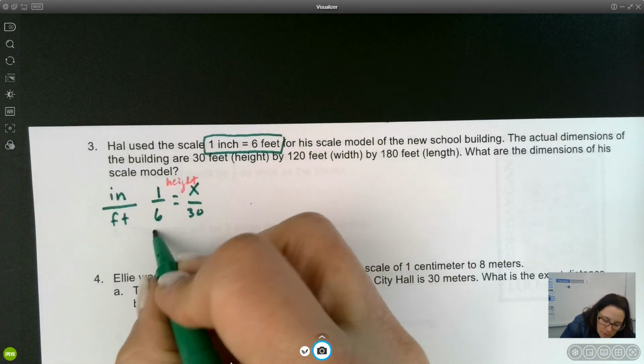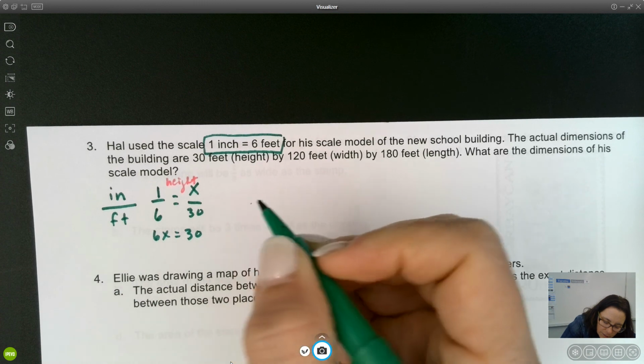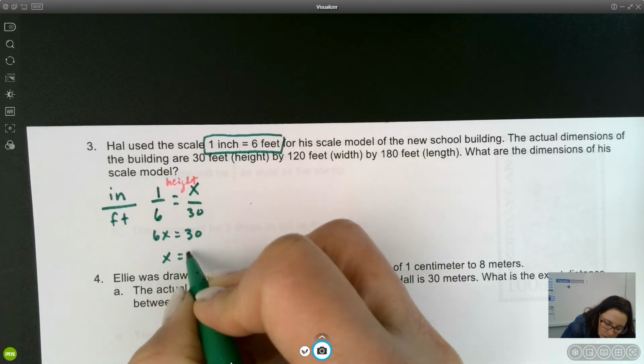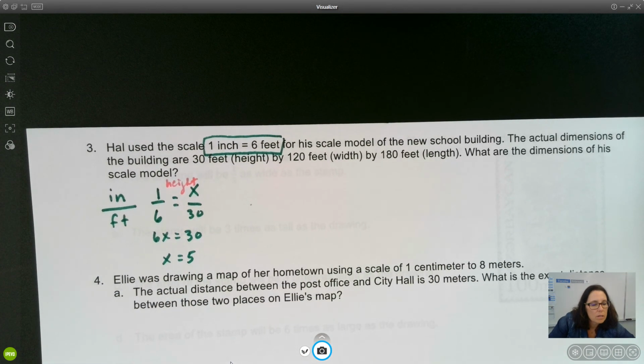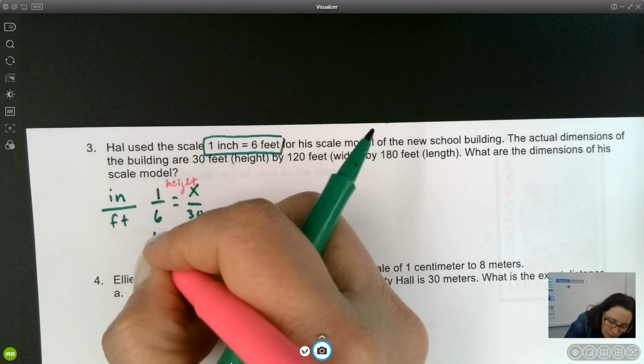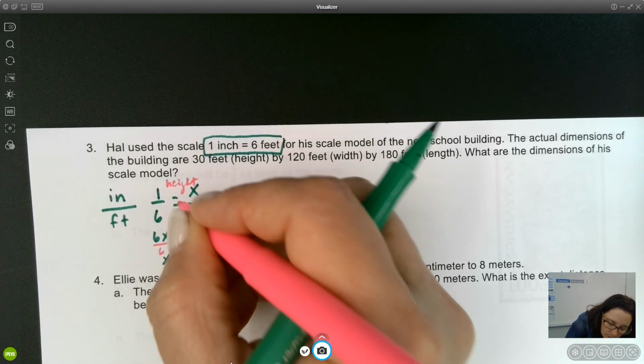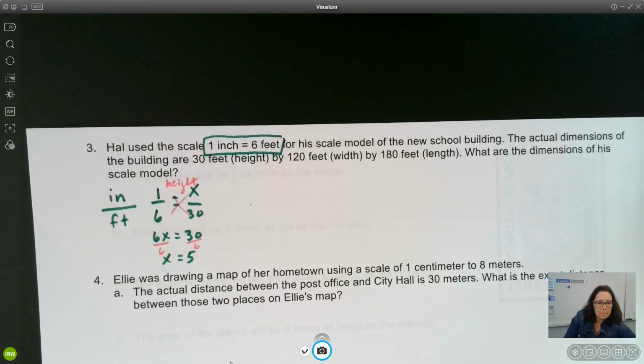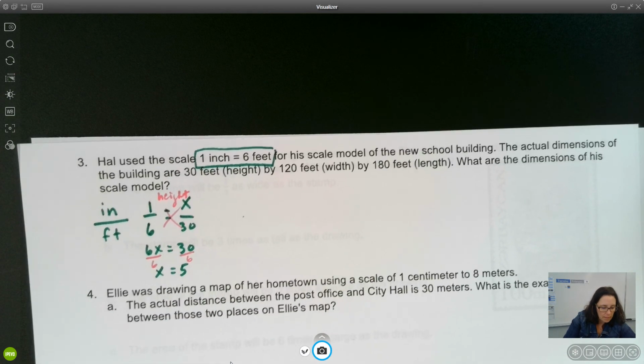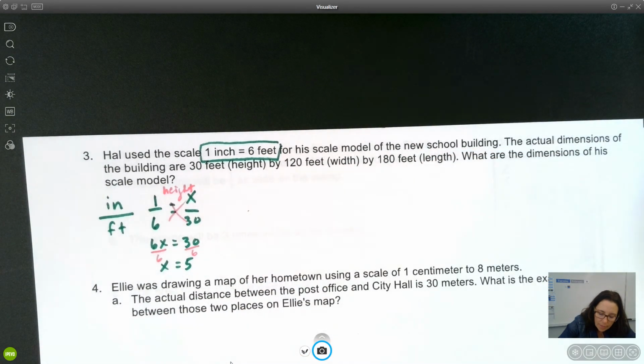So that's going to be 6x equals 30. And if I divide by 6, I'm just kind of tight on space, so I can probably tuck that in there. Divide by 6, and I cross multiply. Okay, so that's the height. All right, the width.